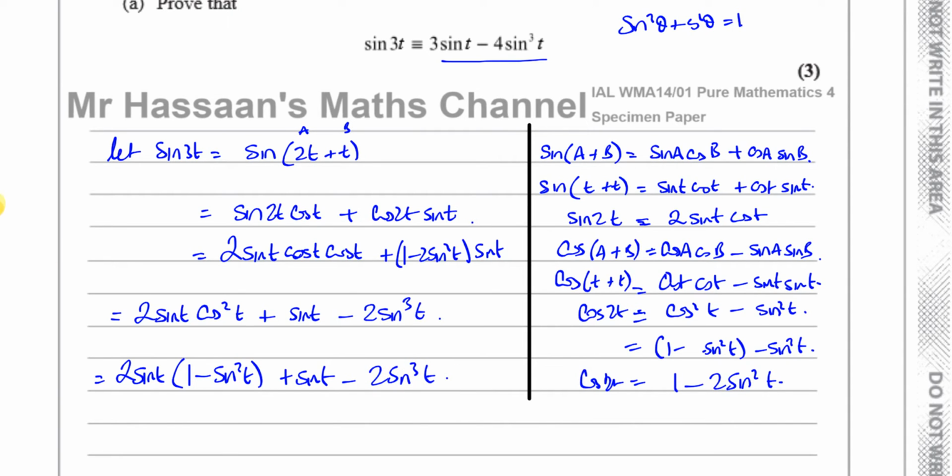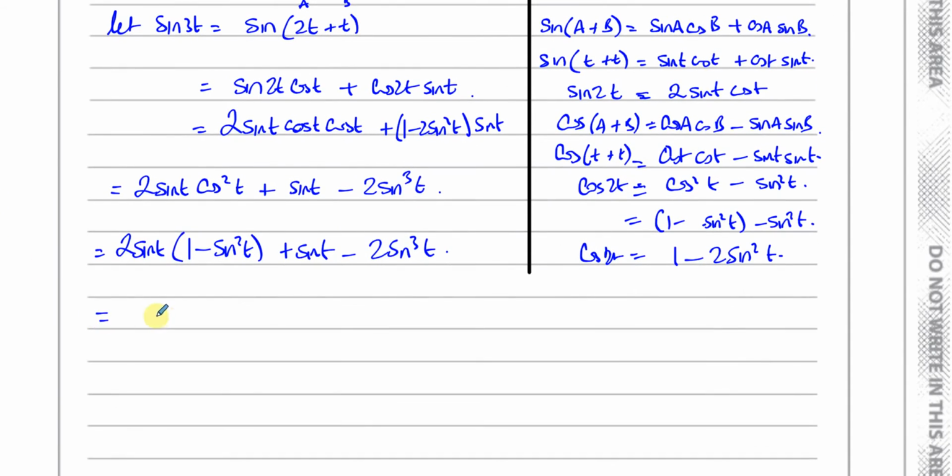So hopefully this will work out now. This is going to give me 2 sine t minus 2 sine cubed t, because sine t times sine squared t is sine cubed t, plus sine t minus 2 sine cubed t.